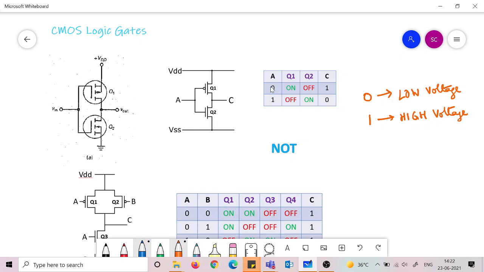We are not mentioning the value of the voltage, we are simply denoting it to be low voltage or high voltage. When it is low voltage we write 0, when it is high voltage we write 1. This is the way we represent our voltage values in digital logic systems.